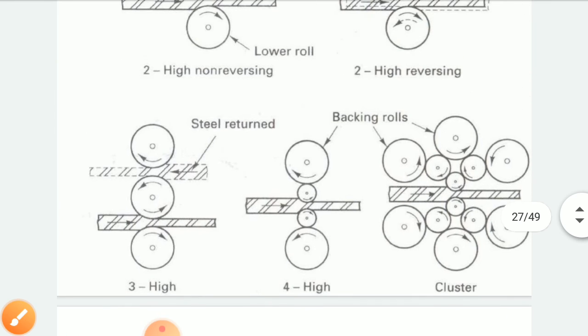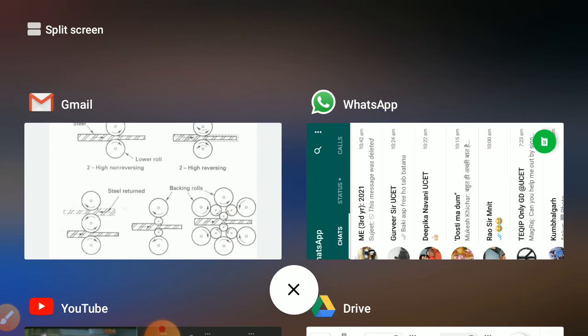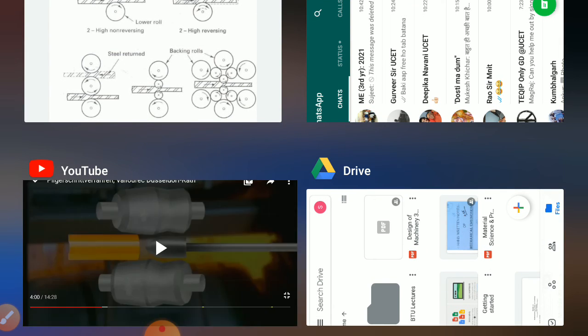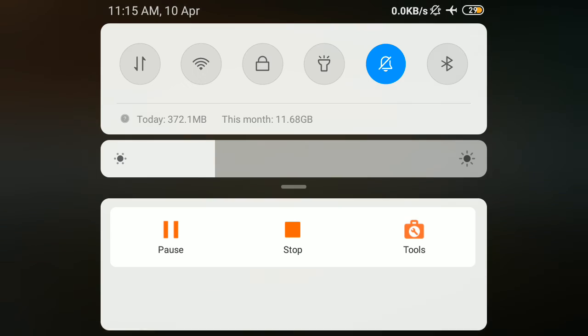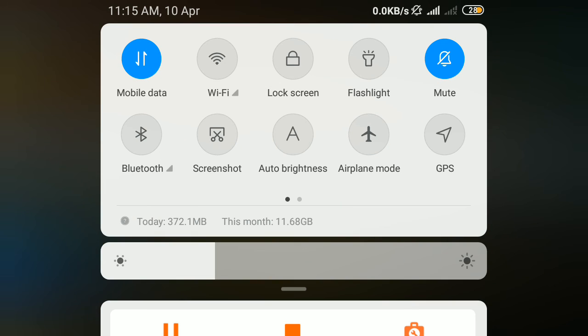Now let us see one video on roll piercing. Let me check if I have opened that video. Actually I have closed the data, so this might not work. So let me turn on the data here.